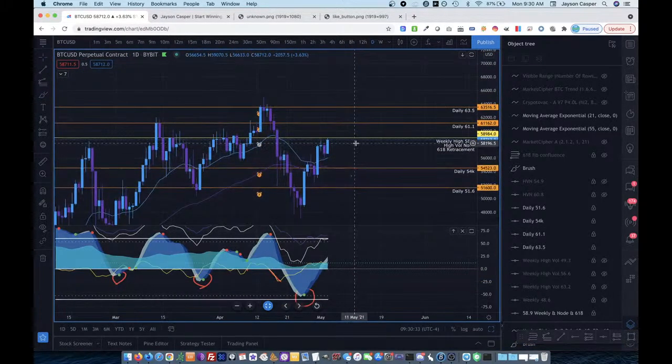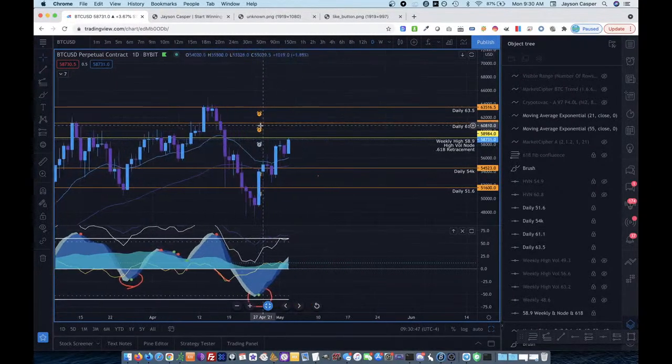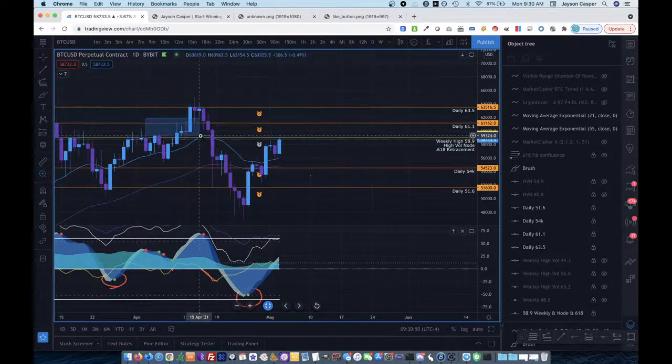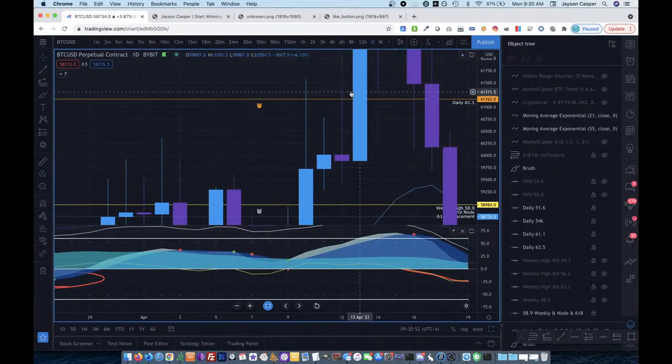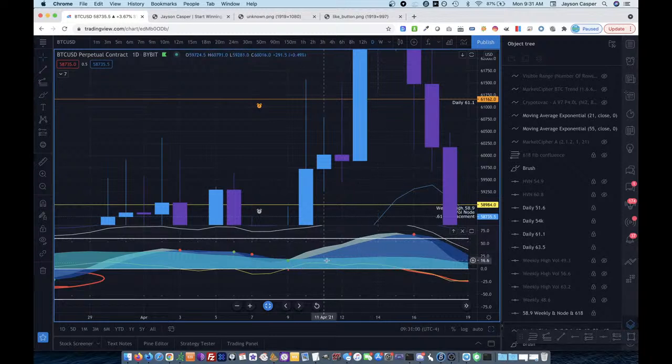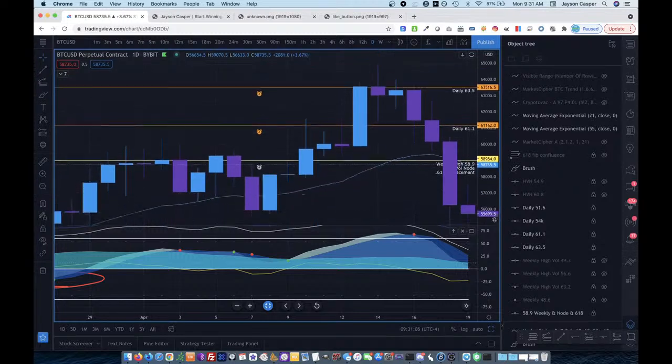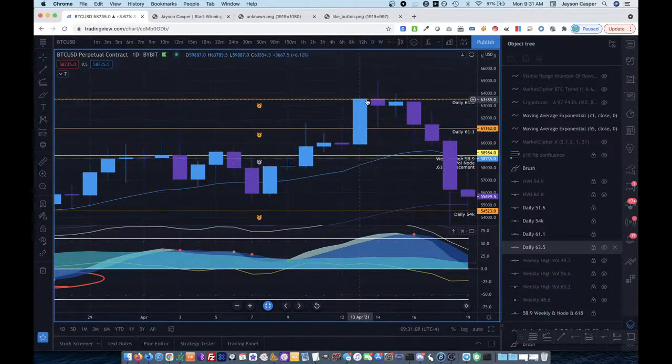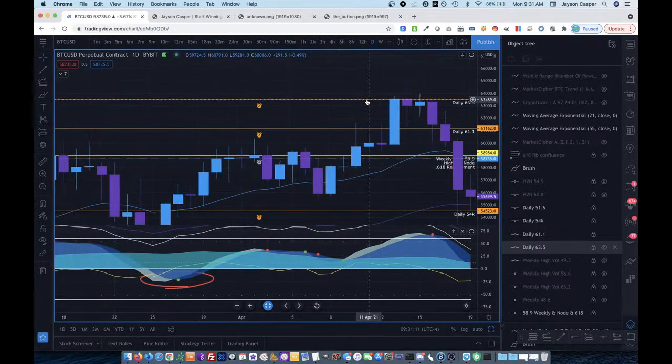Even if we do get a rejection off of here and we come back down, even if we come all the way back down to the 54K level or the 56K level, we can still get a rejection all the way down there on the daily time frame, like we did back here, where we got a rejection off of this daily level of 61K, and we had a move to the downside that day, which was about a 3% move to the downside, and the VWAP started to point down on Market Cipher B. But overall we still ended up with a massive pump to the upside, hitting almost, I think at the time, a new all-time high.